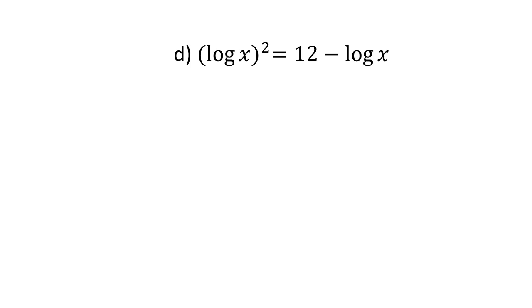So I'm going to let a equal the log of x. What that lets me do for now, I have to keep that in mind because I'll have to go back and revert that later, is get a squared equals 12 minus a.